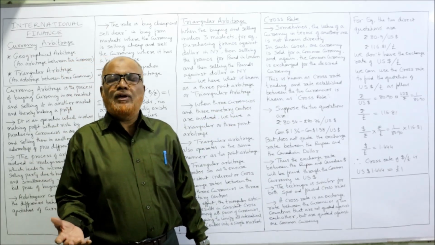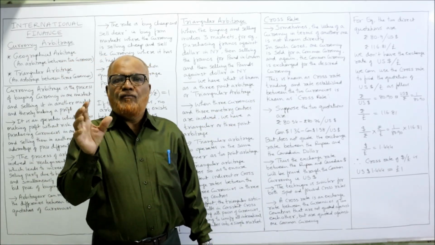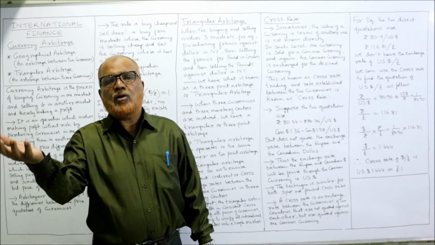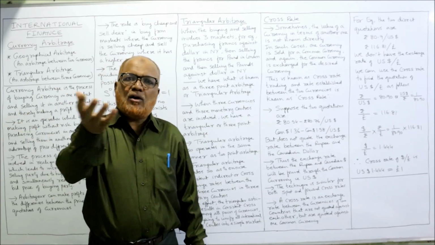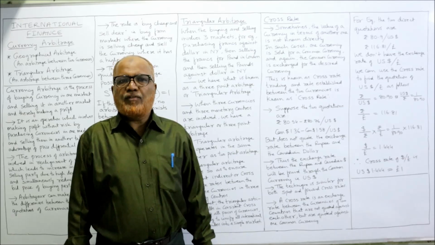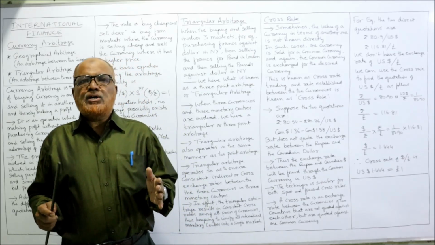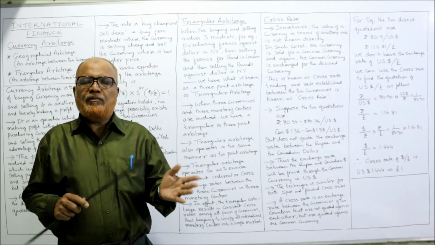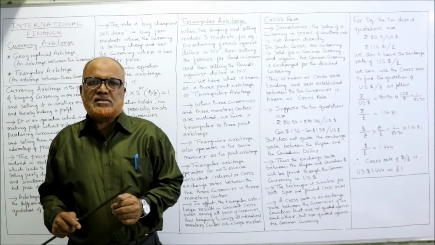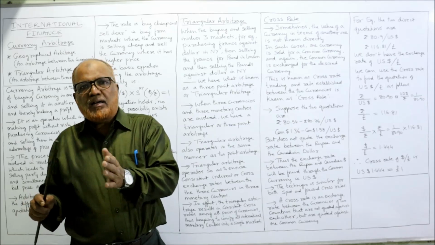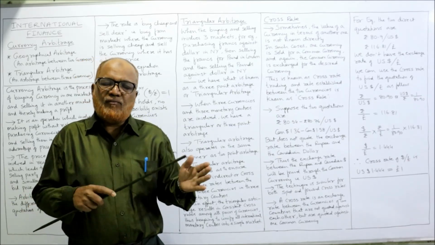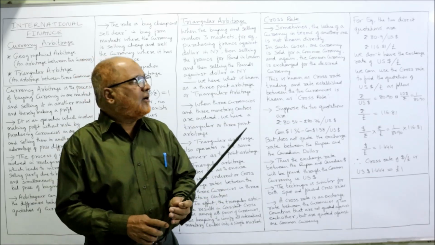So if we don't have a direct quote, we convert our currency into another currency through a common currency, and we sell the common currency to get our desired currency. For example, we don't have the quotation for Indian rupee with Canadian dollar, but we have the quotation for Indian rupee with US dollar. So by taking advantage of the Indian rupee with US dollar quotation, we can find out the quotation for the Canadian dollar.